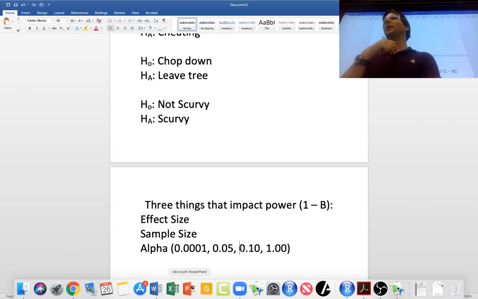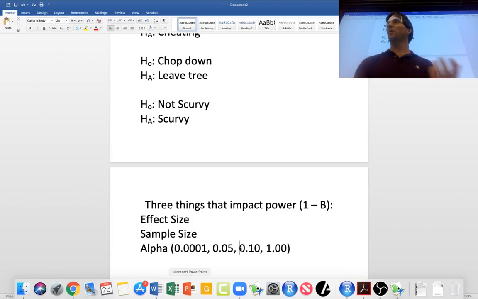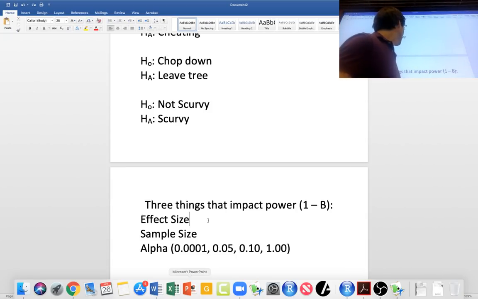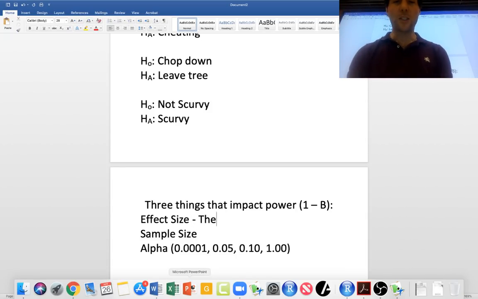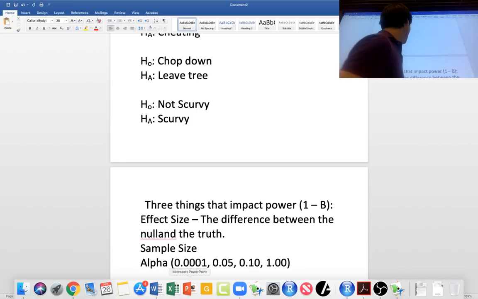Because the null, and I know this sounds crazy, but if you watch two people play basketball who you don't know, what would you assume about their abilities? That they're equal. So that's the null. The effect size is the difference between the null and the truth.